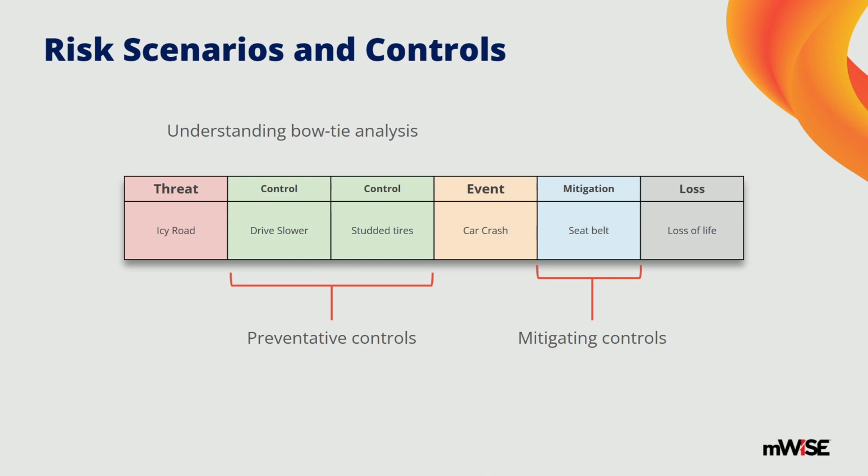And then you basically have two control types. You have controls that keep the event from happening from a probability standpoint, or you have controls that, if the event happens, lessen the impact of the event, right? So driving slower, studded tires could help prevent a car crash on an icy road, and a seatbelt could help reduce the odds of loss of life.